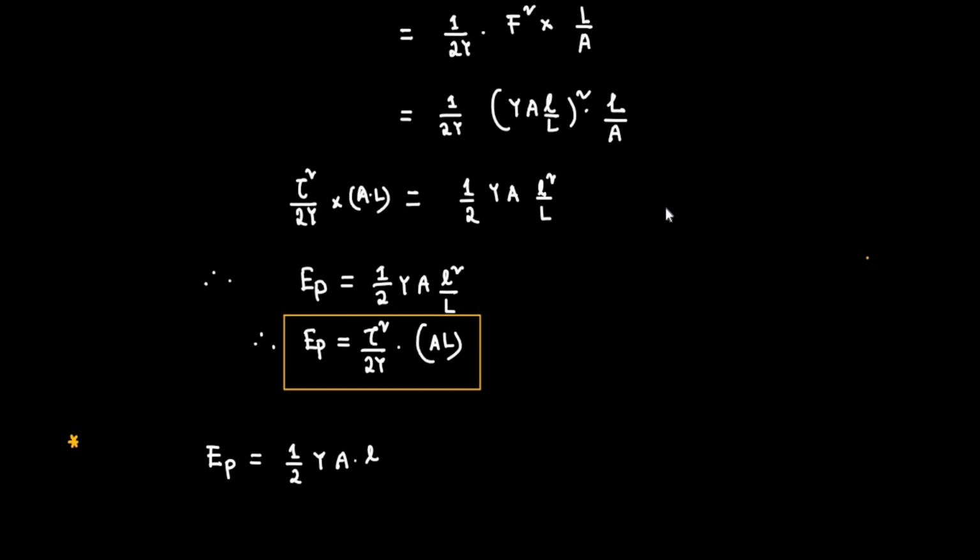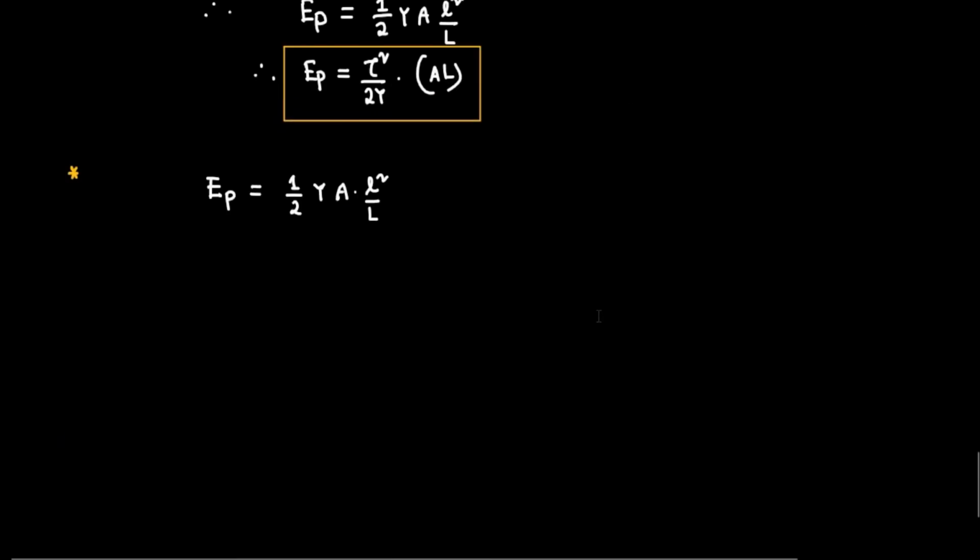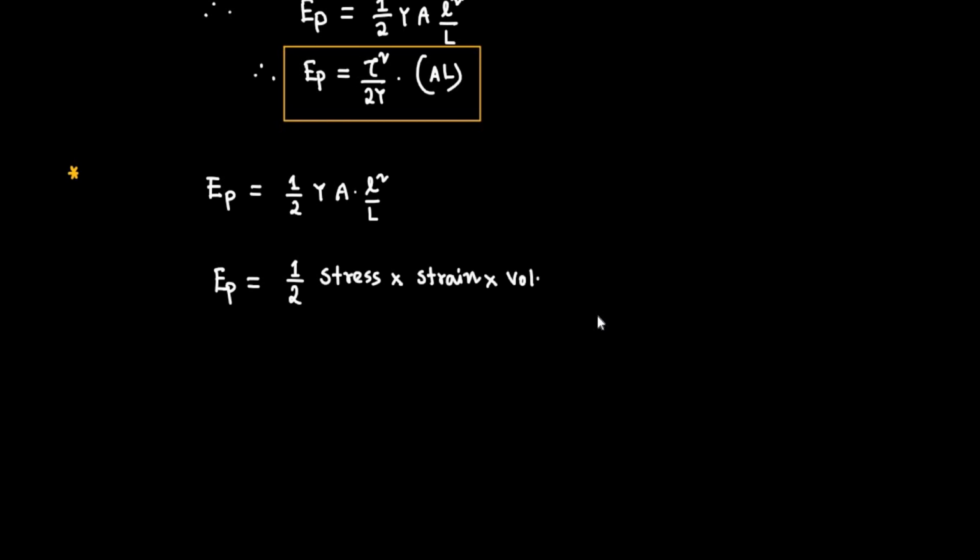So EP has three expressions. The first expression is 1 by 2 Y A l square by capital L, where small l is the change in length or elongation, and capital L is the initial length. The second expression of EP is 1 by 2 stress into strain into volume. The third expression is tau square by 2Y dot A dot L, where tau is the stress.